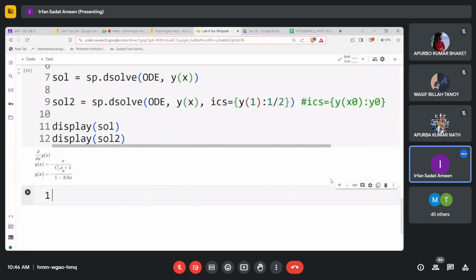Okay. So to use ODEINT, you have to again define the model like a function, not an arbitrary function or symbolic function.